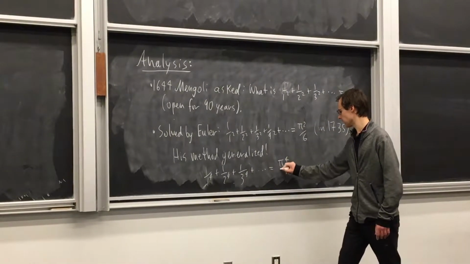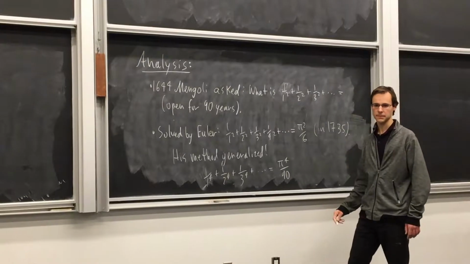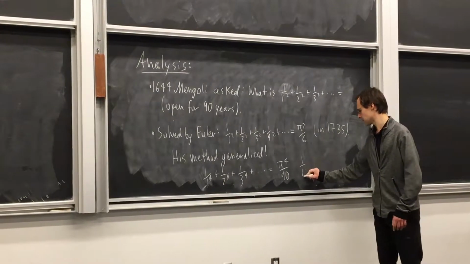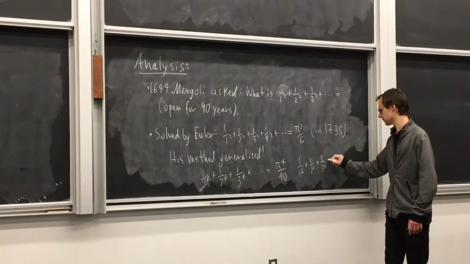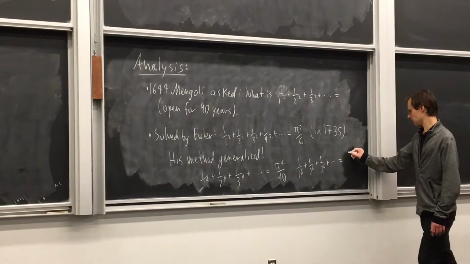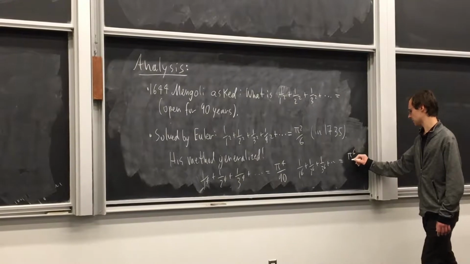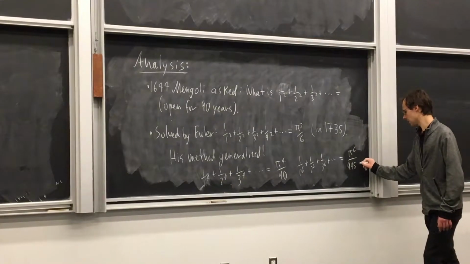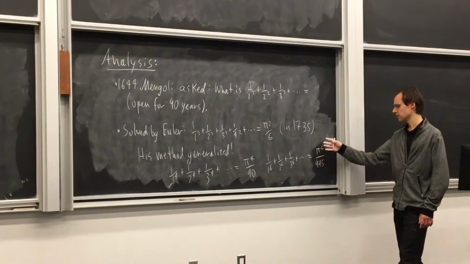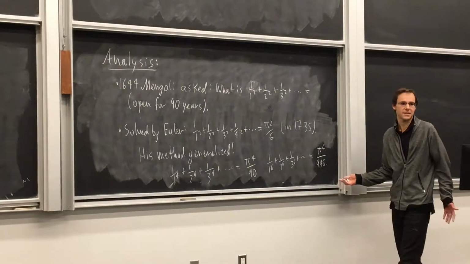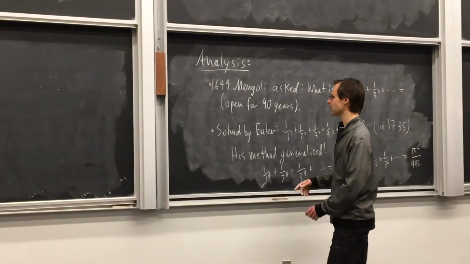It's actually equal to pi to the fourth over 90. And of course the sum of the reciprocals of the sixth powers, same thing happens there. That one's equal to pi to the sixth over 945. And in general, every even power was solved, and they all take this form. Surprisingly enough, pi comes in there.